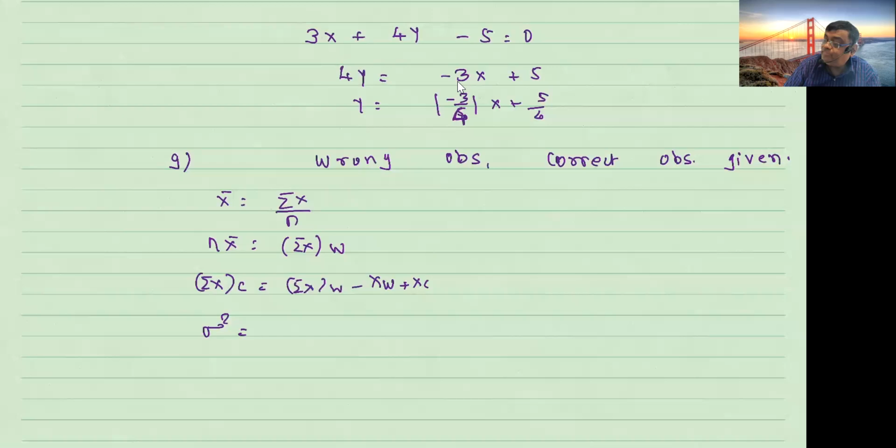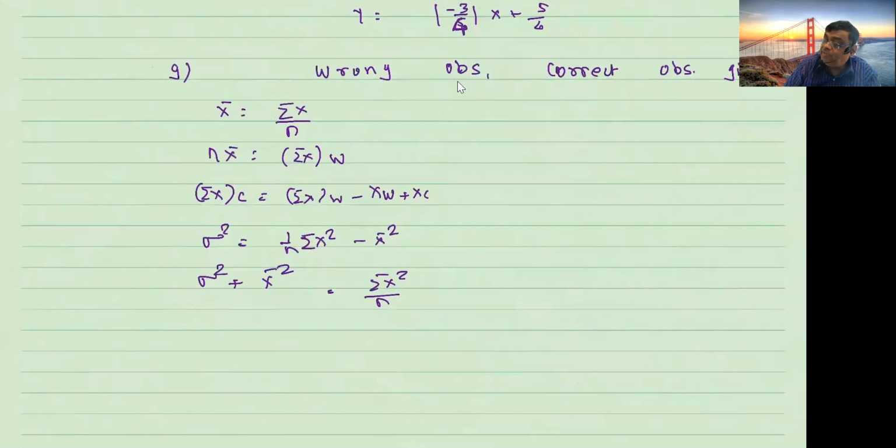Sigma squared is 1 upon n summation x square minus x bar square. So sigma square plus x bar square is summation x square over n, and then n into sigma square plus x bar square is equal to summation x square, but this is wrong.